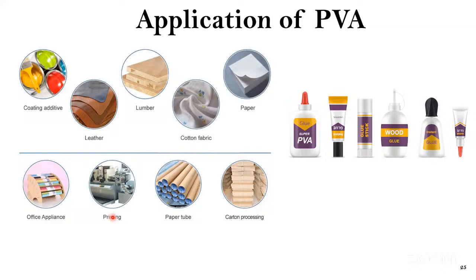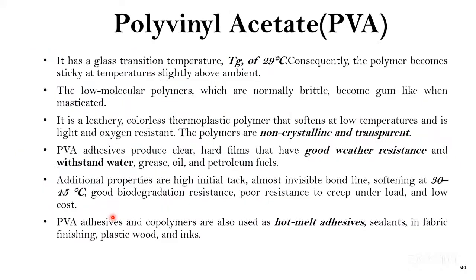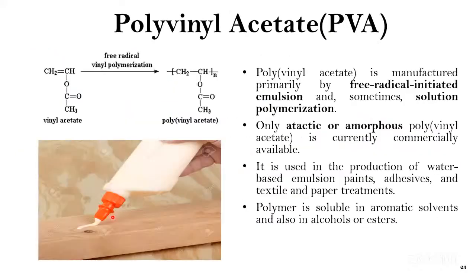Ma'am, sorry, one question please. What is the similarity and dissimilarity between PVA and PVC? Both are polyvinyl, one is acetate, one is chloride. Is it a copolymer, or what are the similarities?